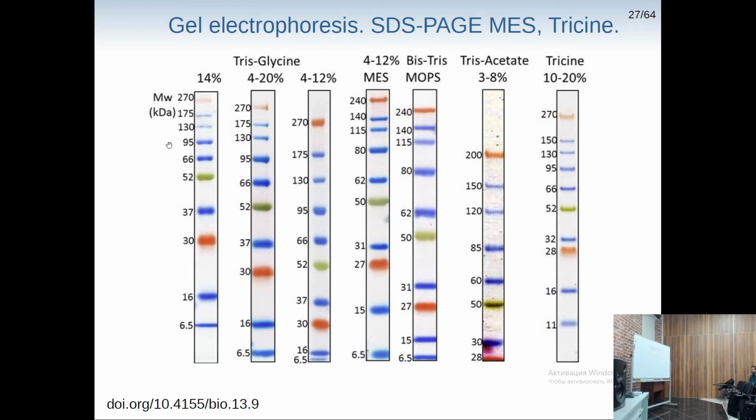But if you are more interested in some higher molecular weight proteins, you have to either get those gradient gels or use, let's say, the MOPS system or even the acetate or Tris-acetate system. The differences are obvious and you have to experiment with your samples actually. From my point of view, the neutral Bis-Tris system is better. If you have money and abilities to use them, they actually provide you with better results.